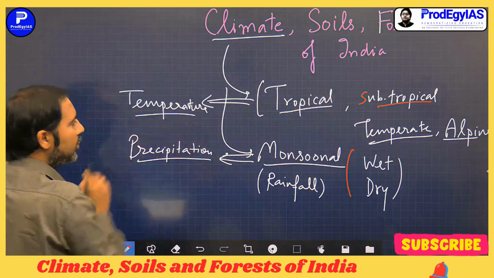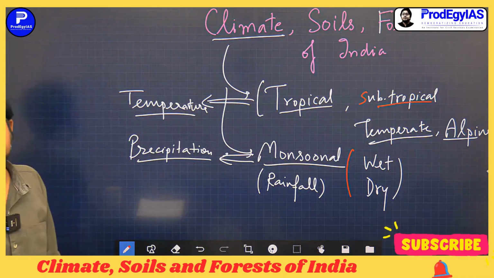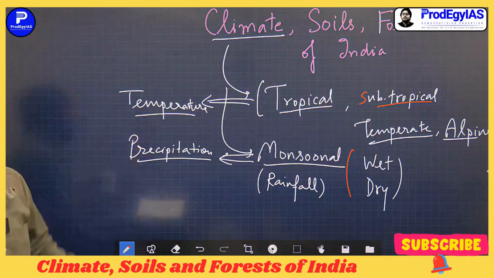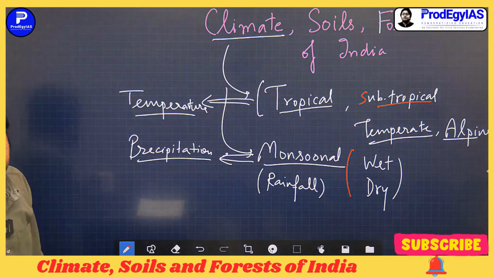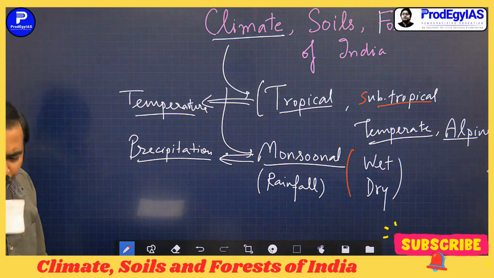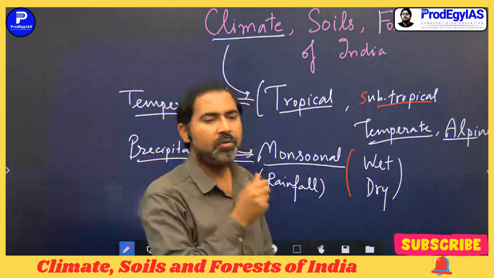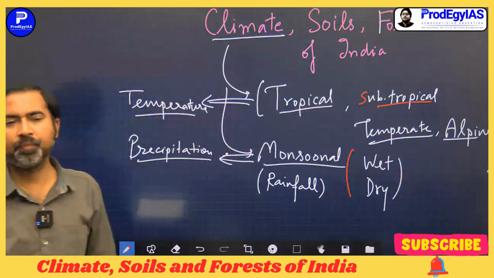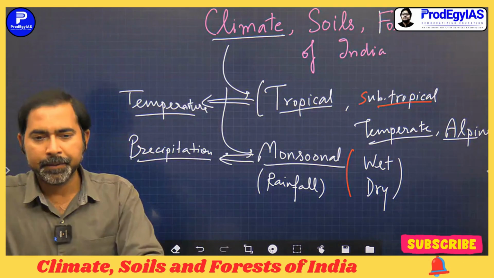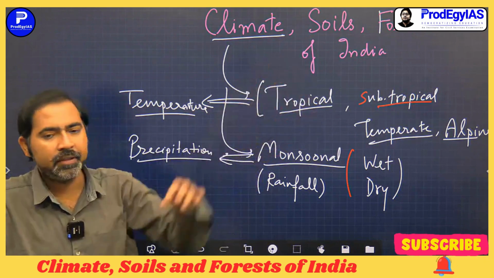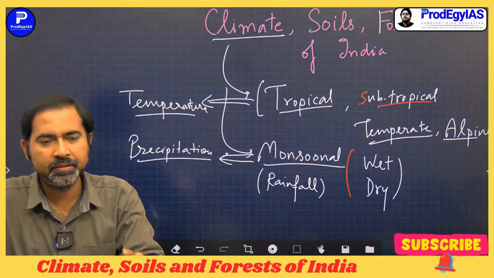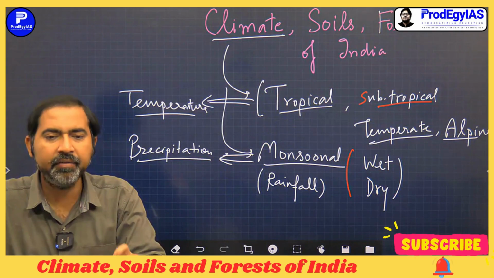So climate is what? Largely a combination of temperature and precipitation. Okay. So how does temperature change from tropical to subtropical to temperate and to alpine? What is the deciding factor?